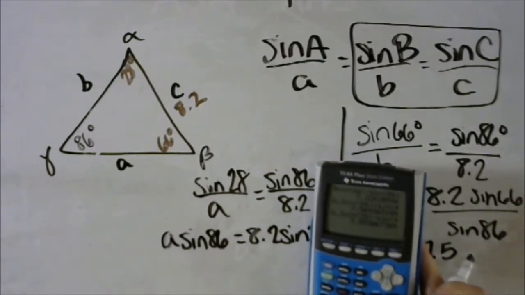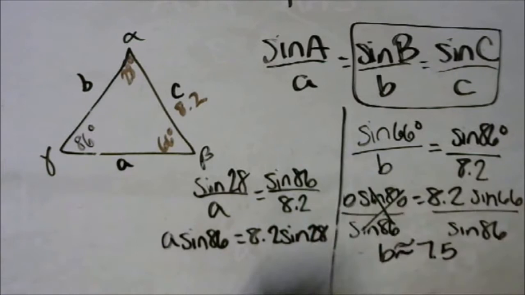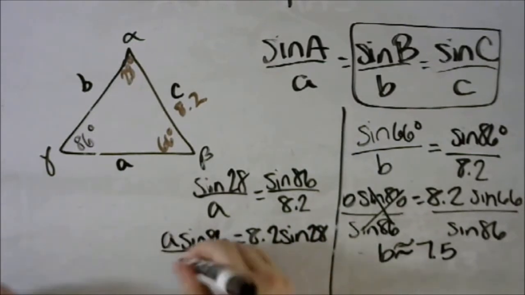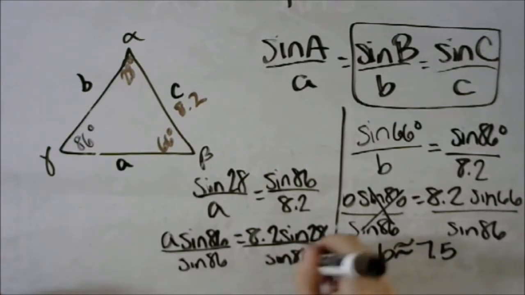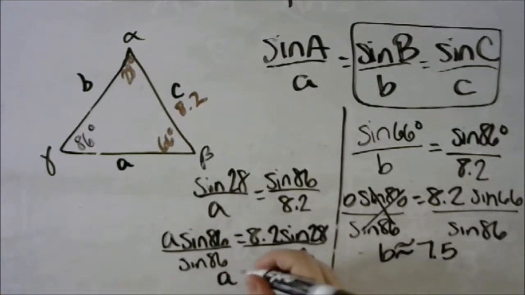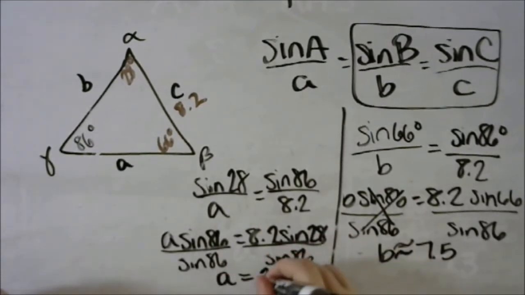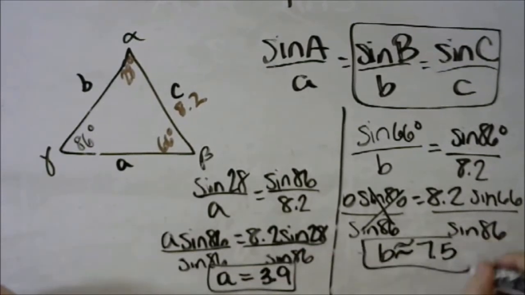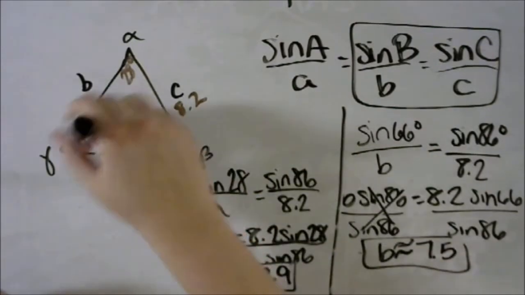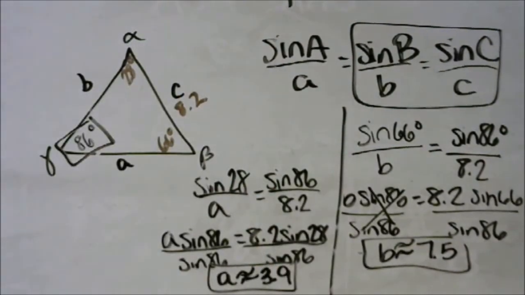And I find that A is approximately 3.9. And with that, I have used the law of sines to solve a non-right triangle.